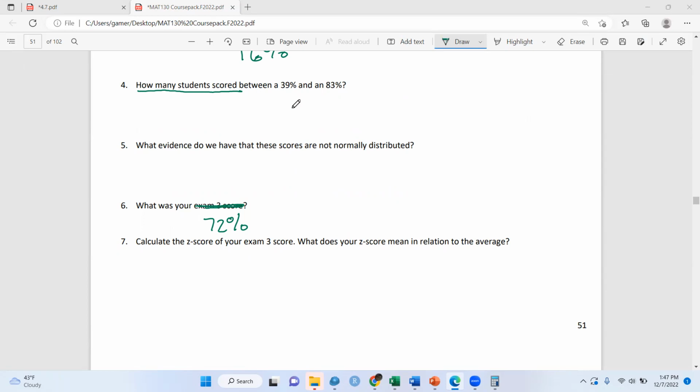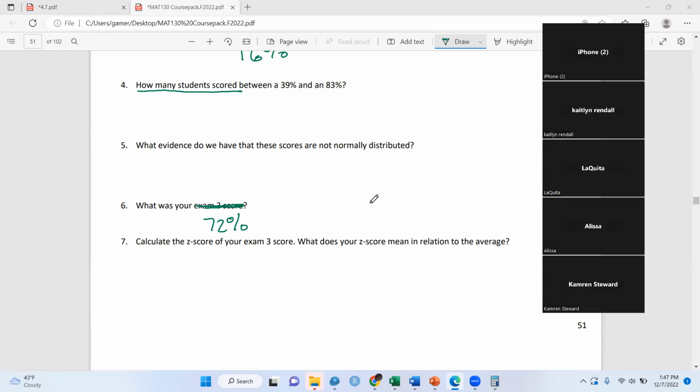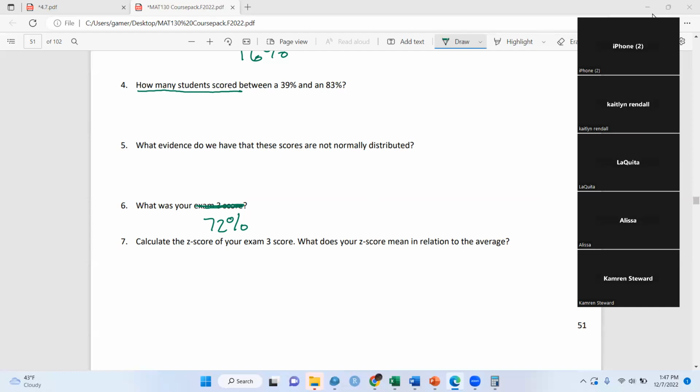Okay, I got one answer back. How are the rest of you doing? Need another minute, or you all got it? So I'm thinking we subtract the mean, which is 61, from 72, but what do we divide by? The standard deviation. Whoops, I got the wrong symbol here.